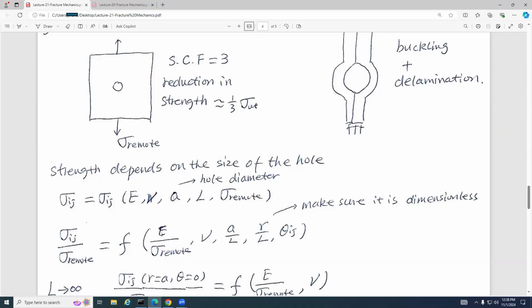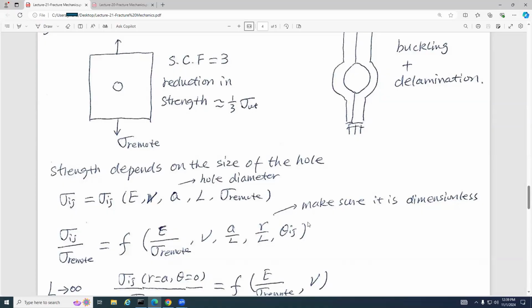Young's modulus has the same unit as sigma remote. Nu is itself dimensionless. A is a length, so we divide A by L. R is how far a point is from the hole, so R divided by L, and theta ij, where theta ij is the orientation.